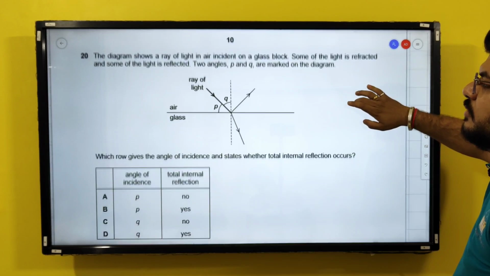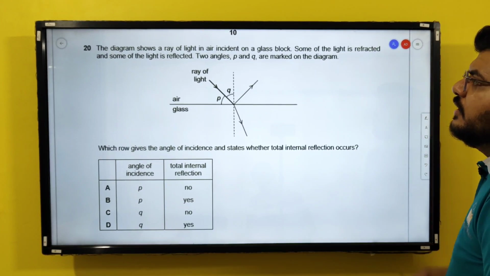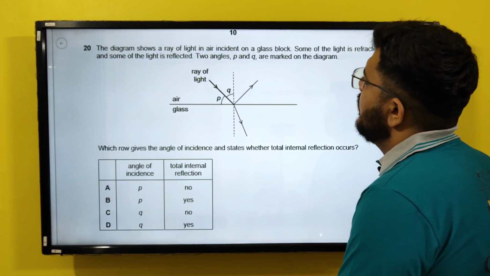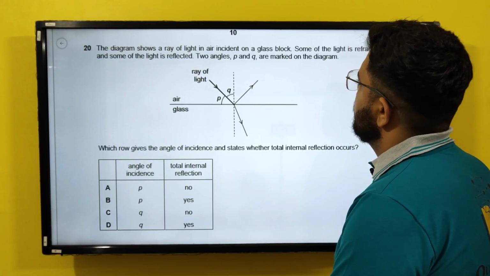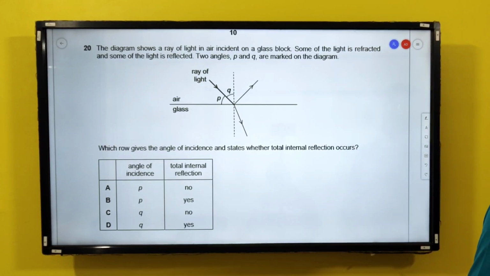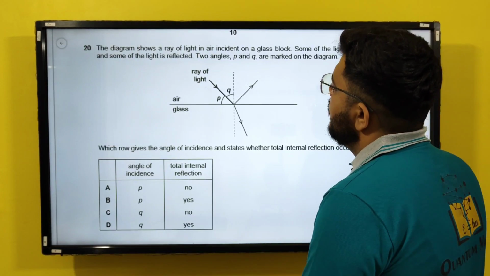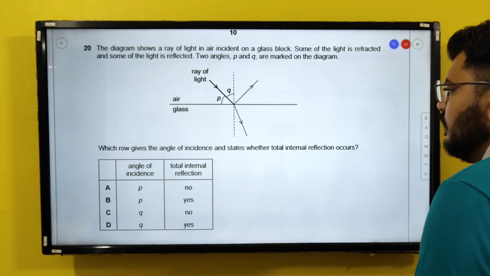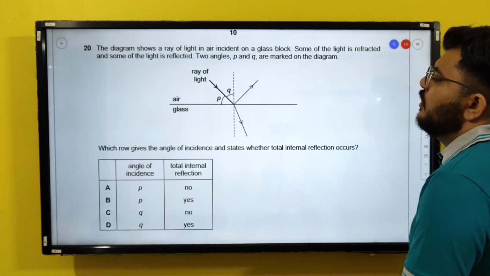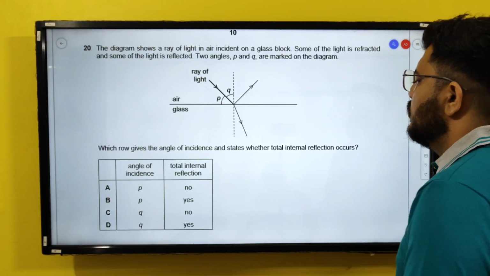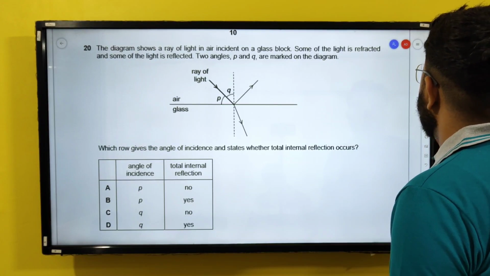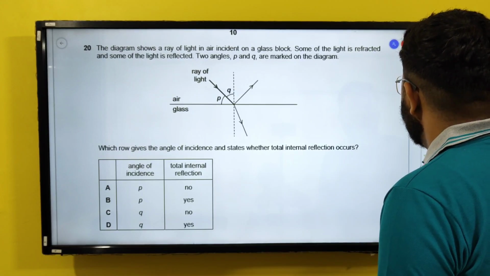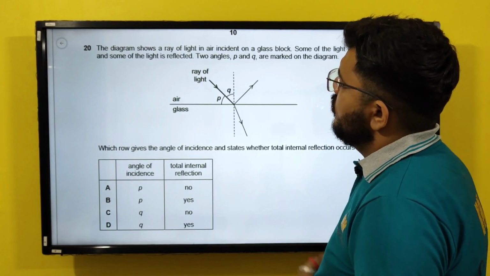Now question number 20. The diagram shows a ray of light in air incident on a glass block. Some of the light is refracted and some of the light is reflected. Two angles P and Q are marked on the diagram. Which row gives the angle of incidence and states whether total internal reflection occurs? See, it's not total internal reflection because it is going from air to glass.